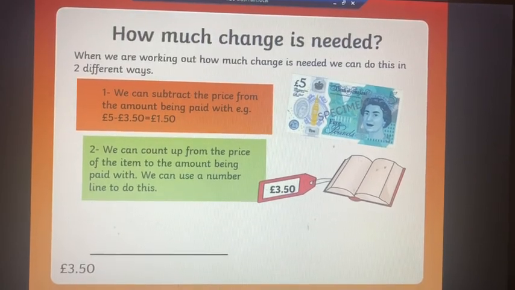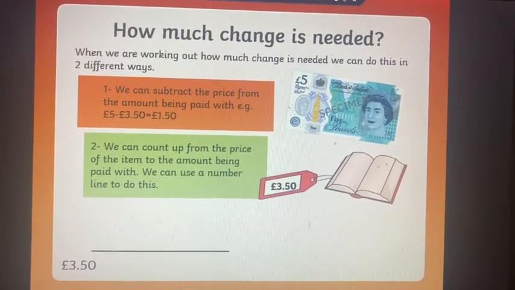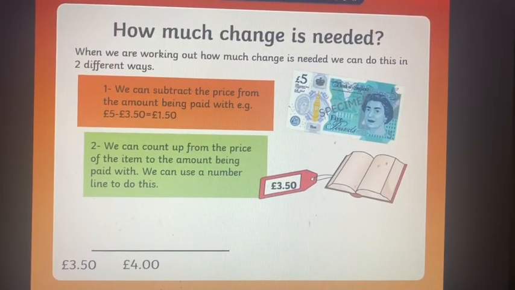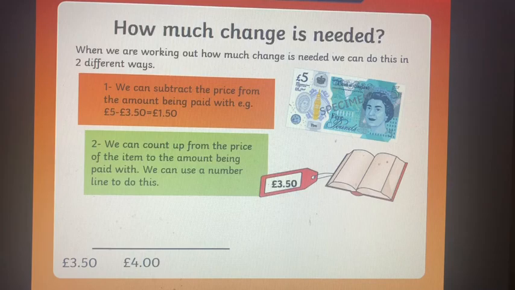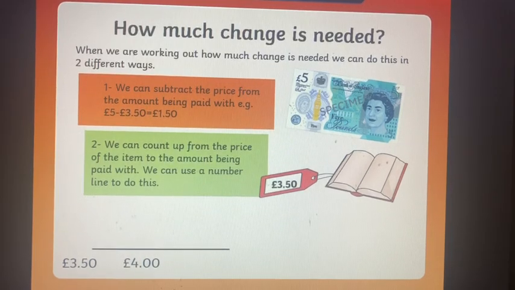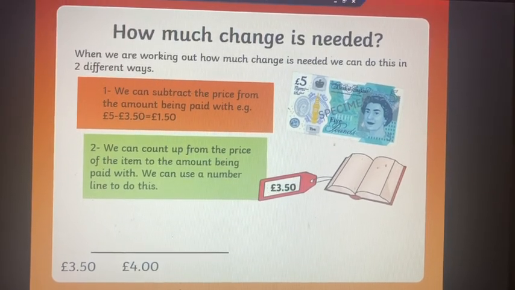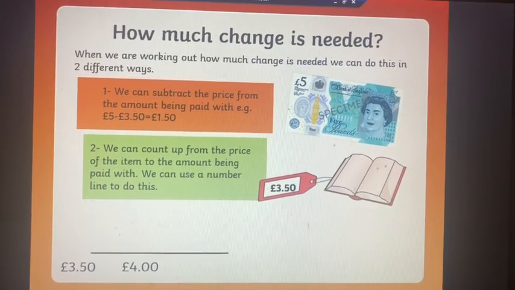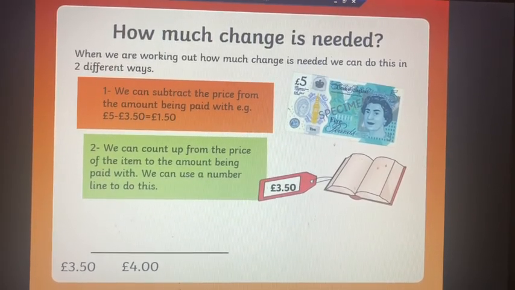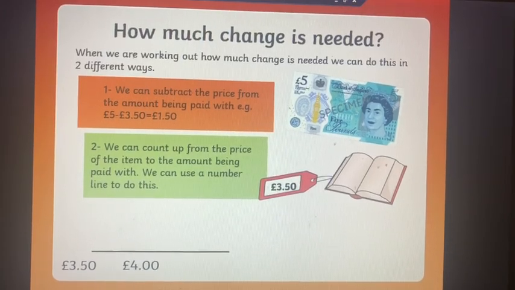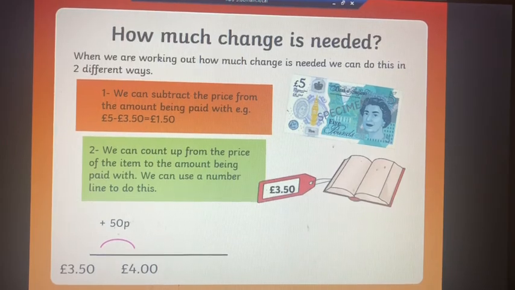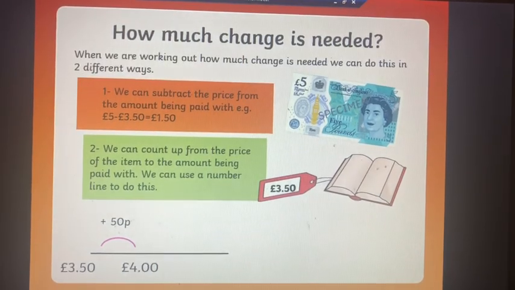So at the start of my number line, I'm going to put £3.50 because that is how much the item cost. I'm then going to work out how much it'll be to get to the nearest pound. So the nearest pound that I need to get to is £4. So I'm going to work out on my number line how much it will take to get from £3.50 to £4. And as we know, that'll be 50p. So I've done my first jump on my number line where I'm adding 50p.